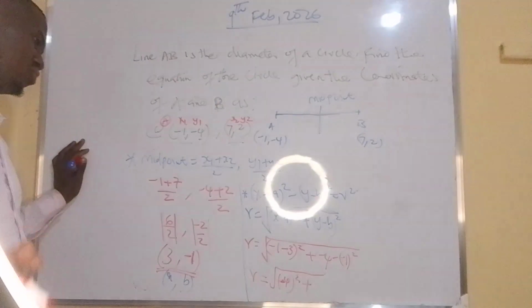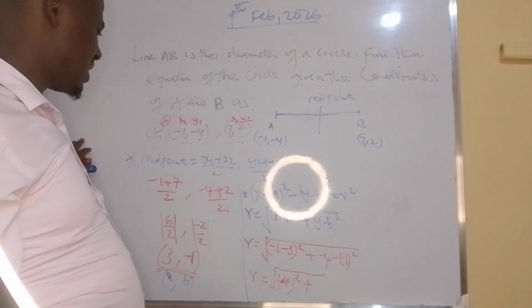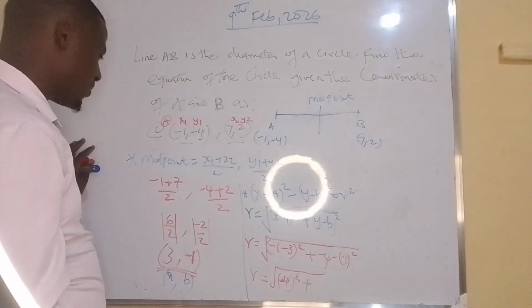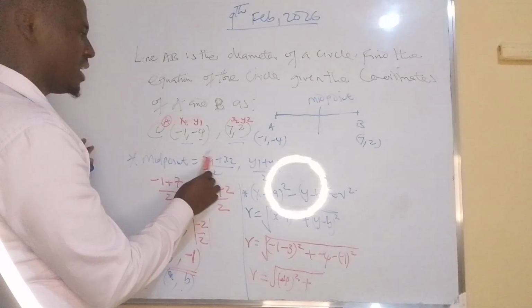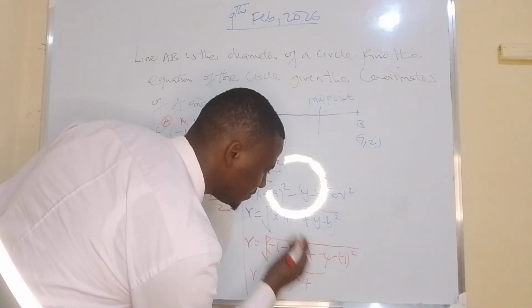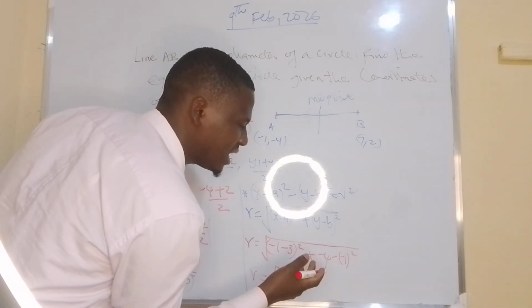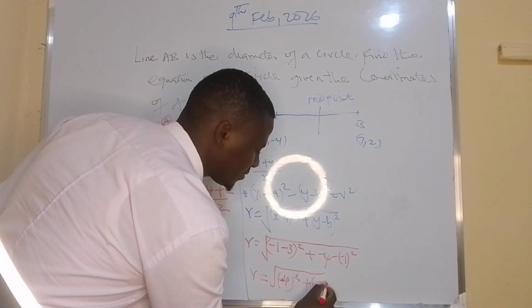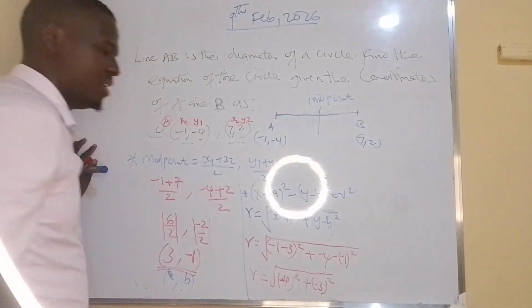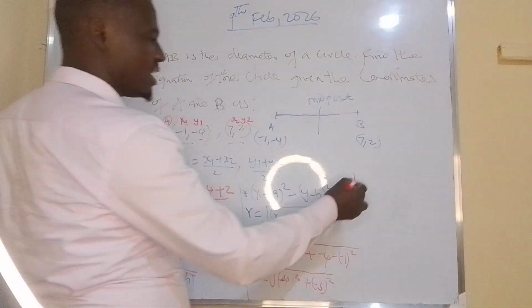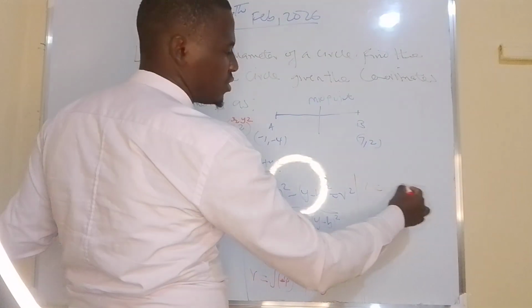Let me confirm that. We have -4, which is our y, then minus -1. That is -4 plus 1, which is -3, squared. So r will be equal to the square root of what?